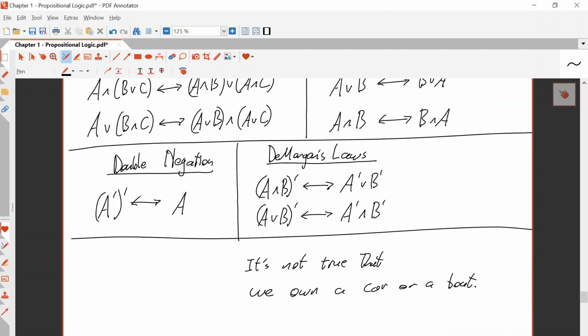No automobile. It's not true that we own an automobile or a boat, right? That's like saying we have neither an automobile nor a boat.